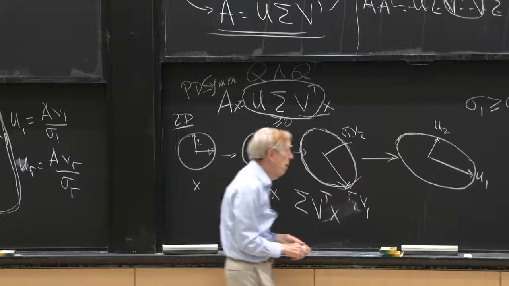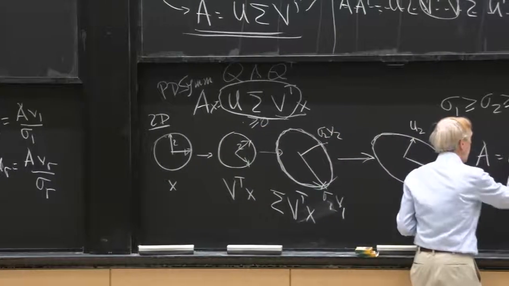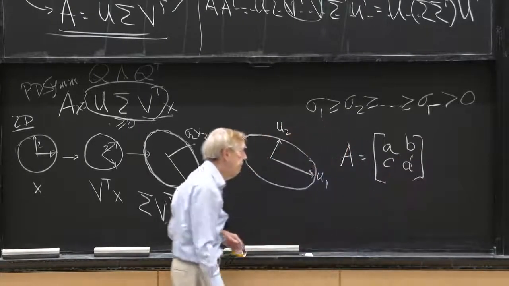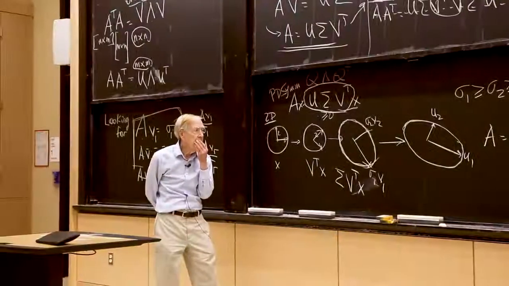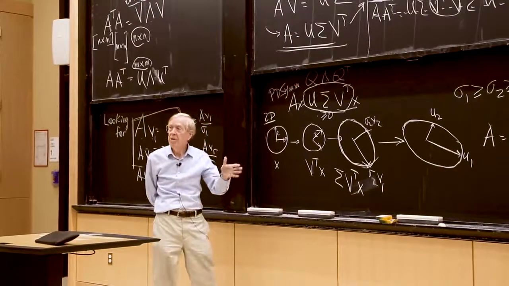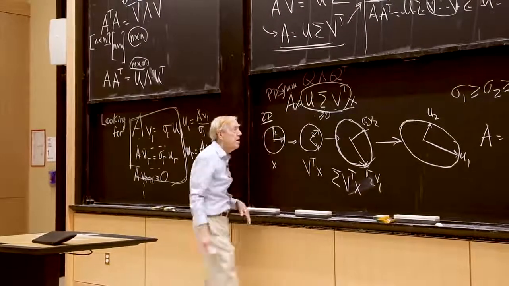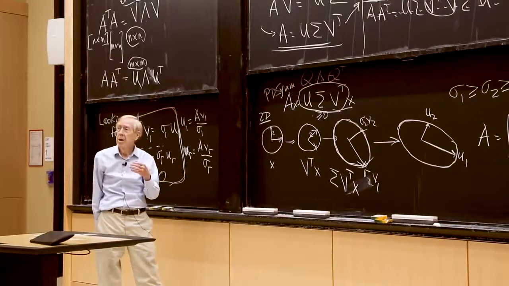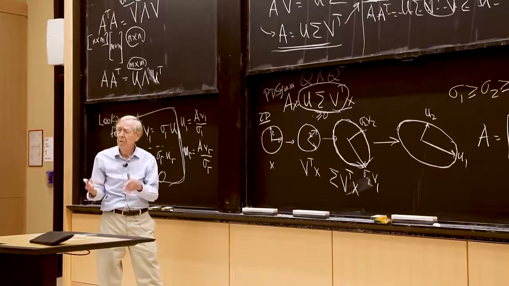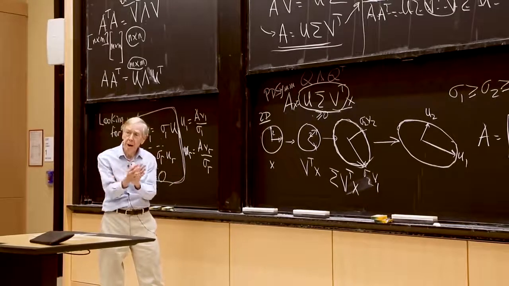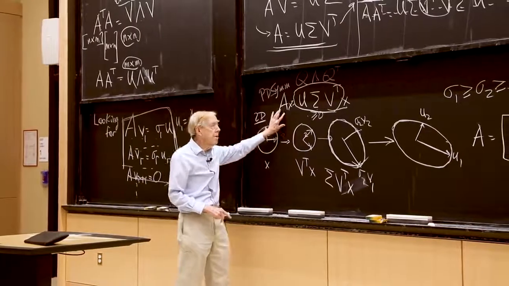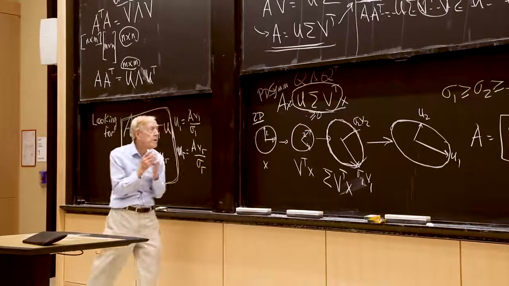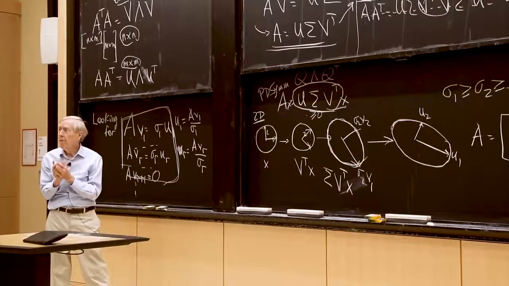So A has 4 numbers, A, B, C, D. Then I feel that 4 numbers should appear on the right-hand side. Somehow the U and the Sigma and the V transpose should use up a total of 4 numbers. So we have a nice counting match between the left side that's got 4 numbers A, B, C, D, and the right side that's got 4 numbers buried in there somewhere. So can we dig them out?